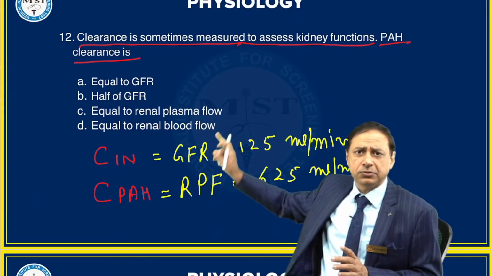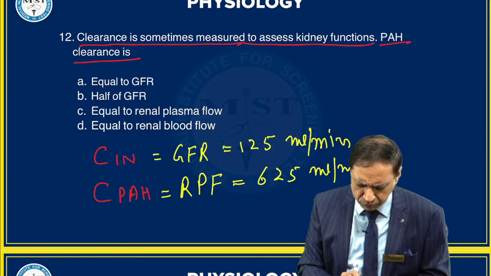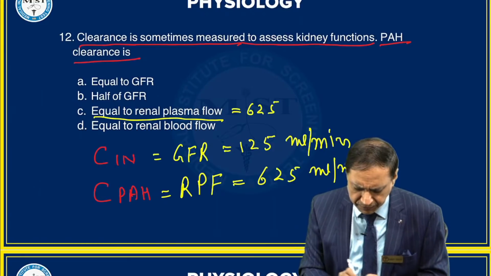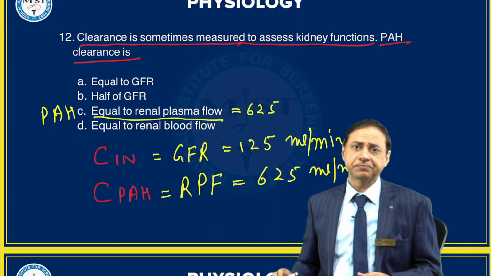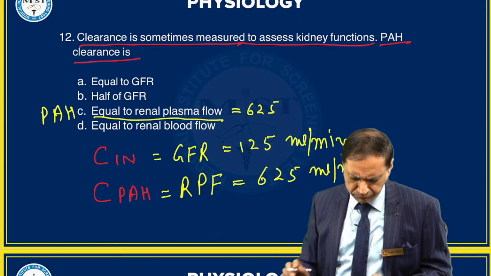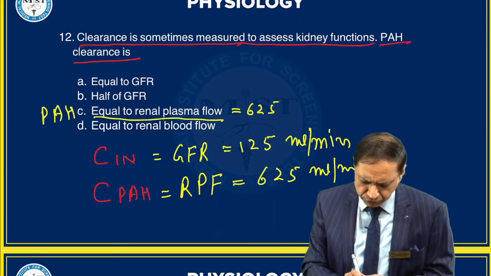So the question here is related to PAH. PAH clearance is equal to renal plasma flow, 625. For GFR, we can use two things.